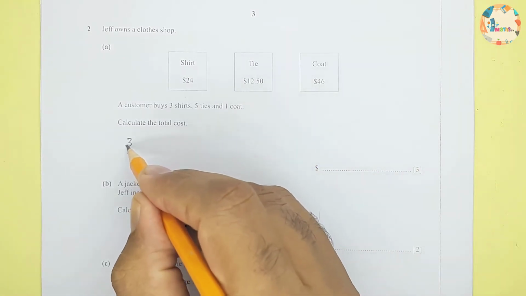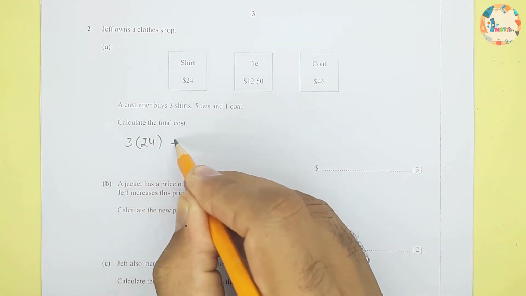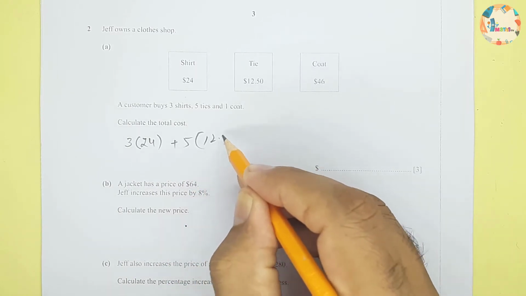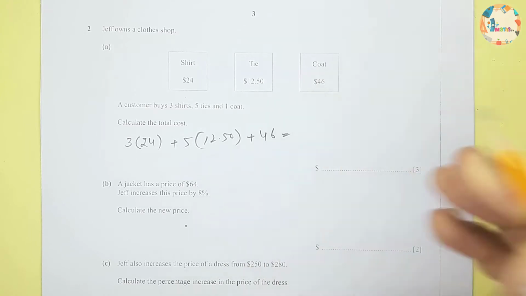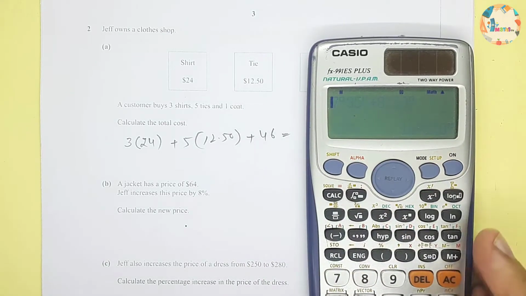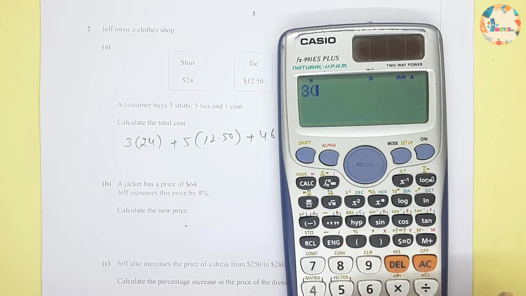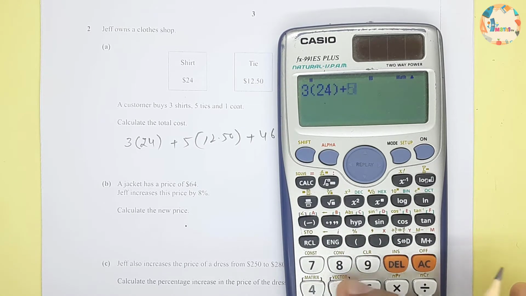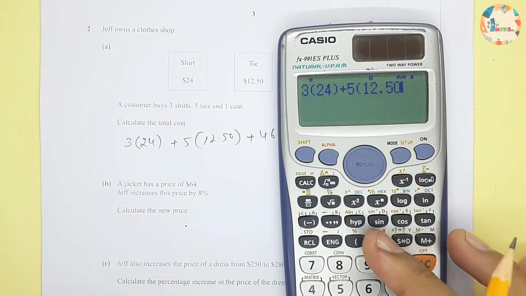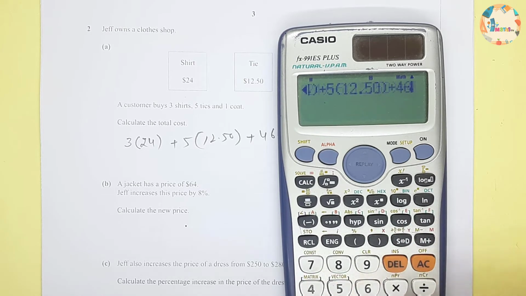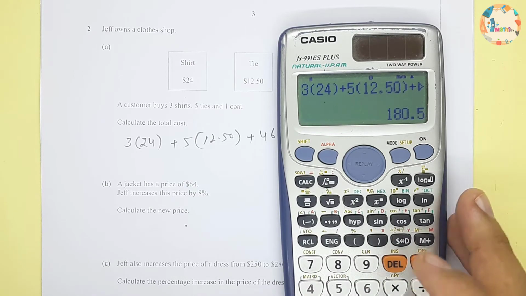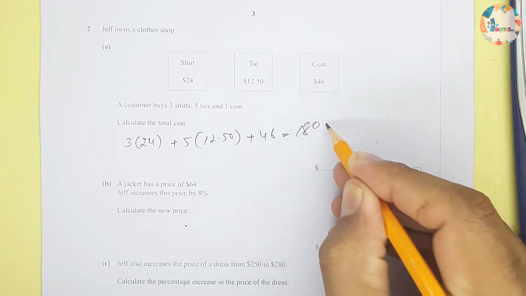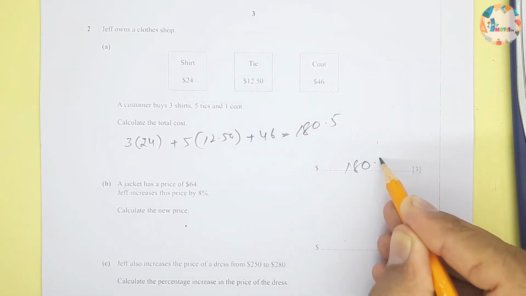So 3 shirts mean 3 into 24 plus 5 into 12.50 and plus 46, and this will be adding up to 180.5. So 180.5 will be our answer.